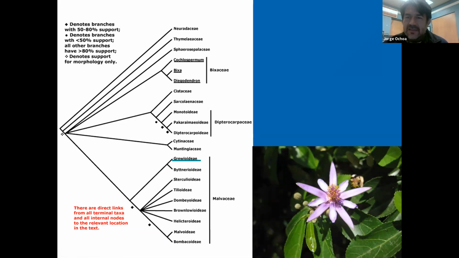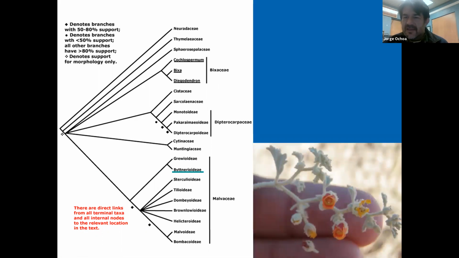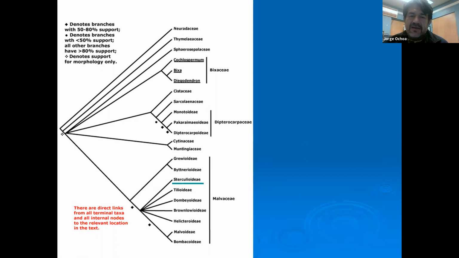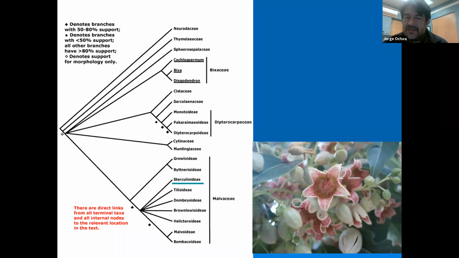So Grewioideae is now a subfamily, and that's going to be Grewia. Then we have Byttnerioideae, represented by this plant from South Africa. Hermannia would be the genus for this individual. Then we have Sterculioideae, which in the old days was a family, the chocolate family, here represented by Brachychiton, the bottle tree that is often planted throughout.